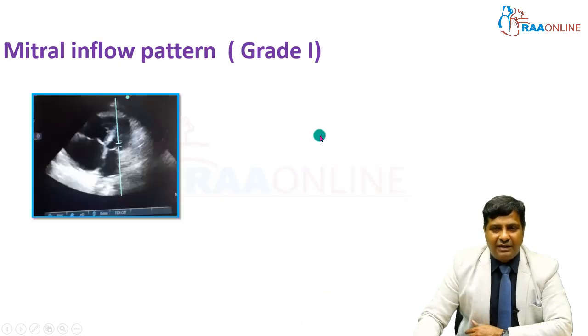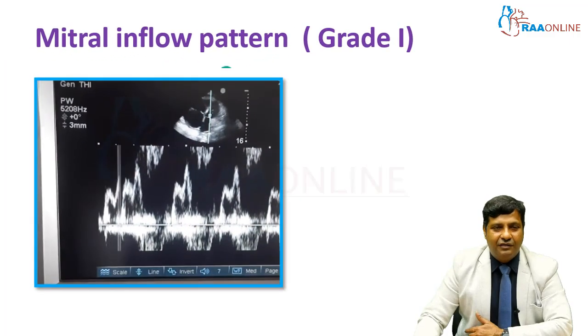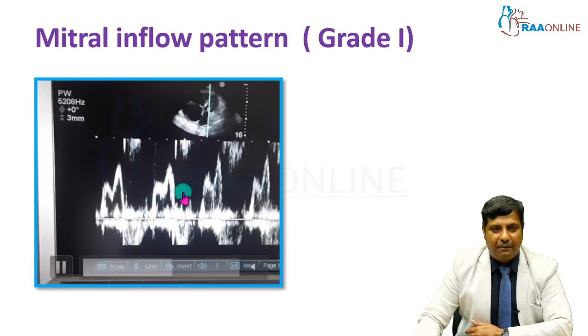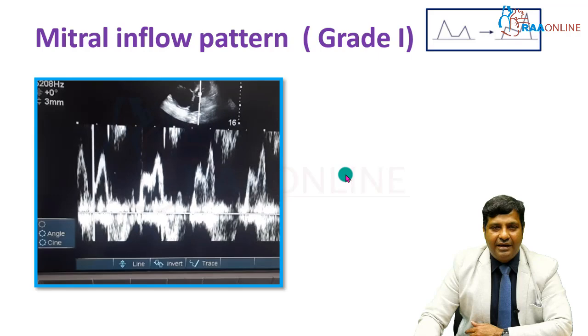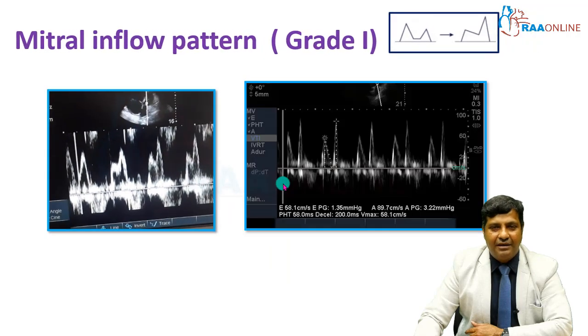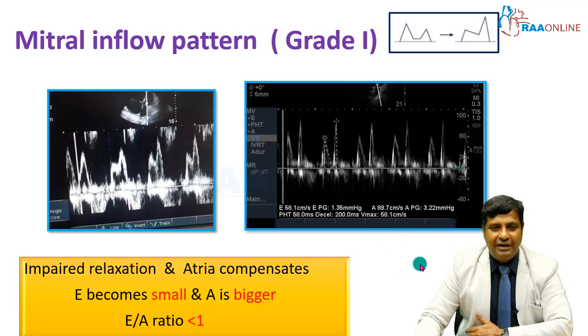But what happens when diastolic dysfunction sets in? Let's see. It is reversed. You see, the bifid pattern reverses. That is, E is small and A is bigger. Why is it so? Because in order to maintain the transmitral pressure, the atrium compensates.